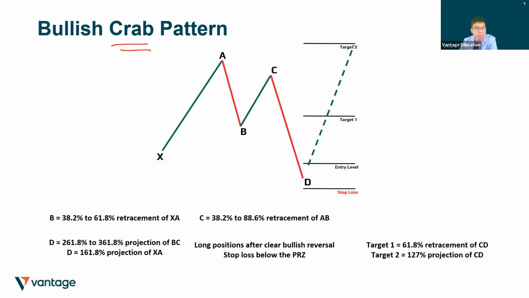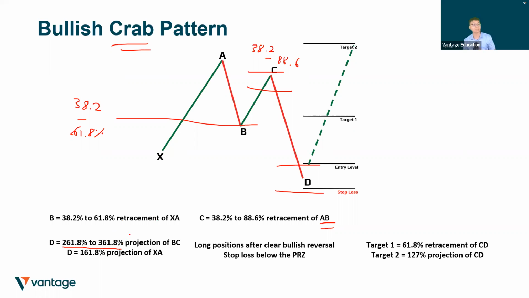In this extreme pattern, the corrective wave AB, so now we skip the XA thing already, should end between 38.2% to 61.8% retracement of XA, and C could retrace anywhere between 38.2% to 88.6% retracement of the corrective leg AB. So D right here is between 261.8% to 361.8%. Wow, it's even further.